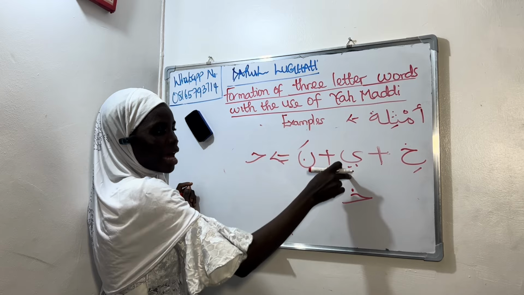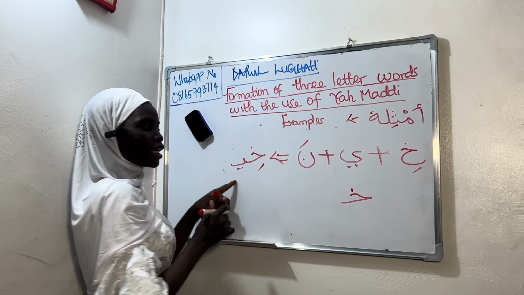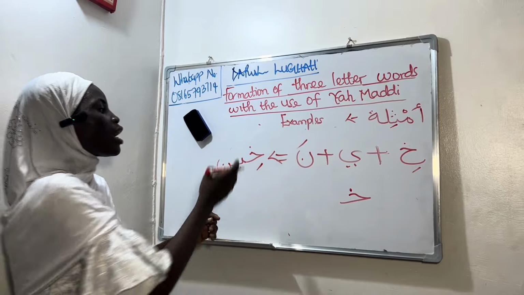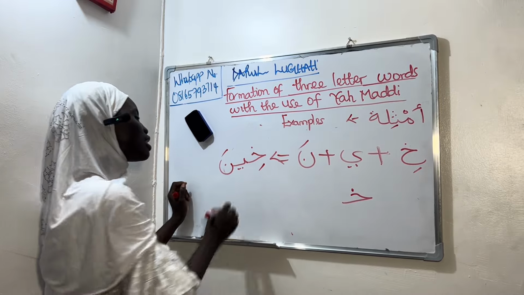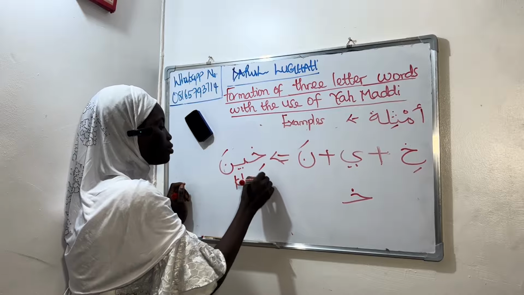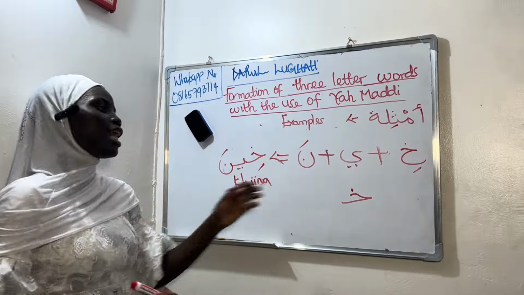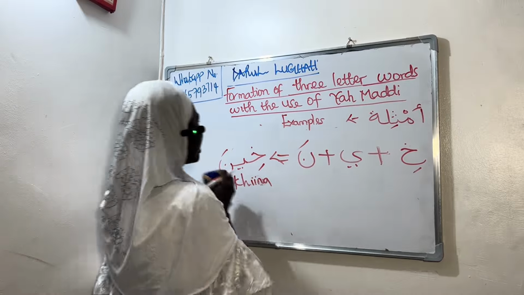We have to replace this Yā Maddī again. Now Yā Maddī like this. This is kho. That's Yā Maddī. Khi. Now bringing the noon here. Now we have kho that's Yā Maddī. Khi. Noon fatana. Khina. This one is khina. Now let's look at the next letter.